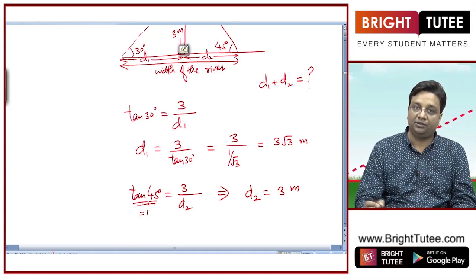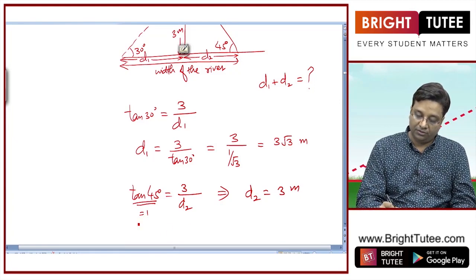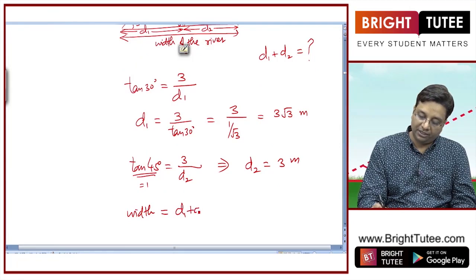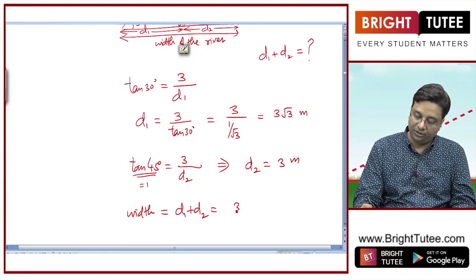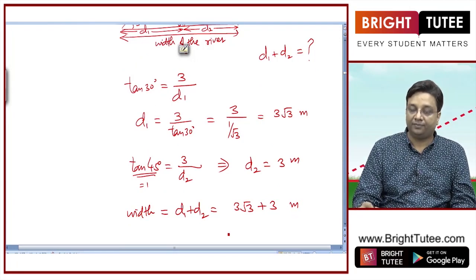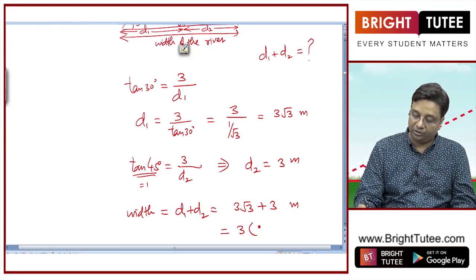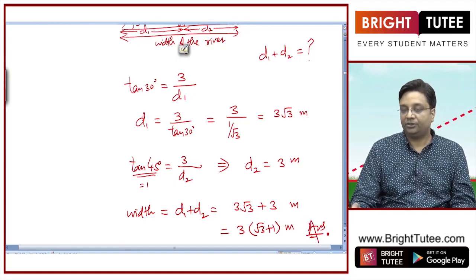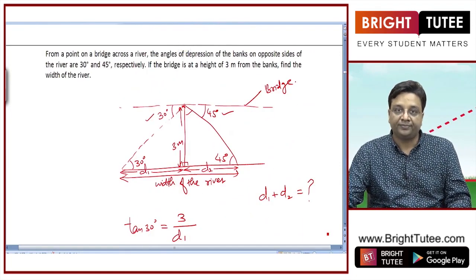Now the width of the river is equal to d1 plus d2. Hence it is equal to 3 root 3 plus 3 meter. You can take 3 as common, 3 times root 3 plus 1 meter. So this is the width of the river, right?